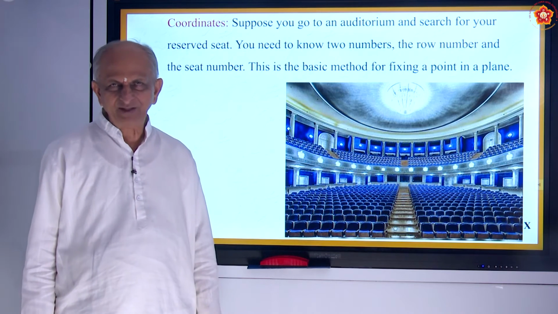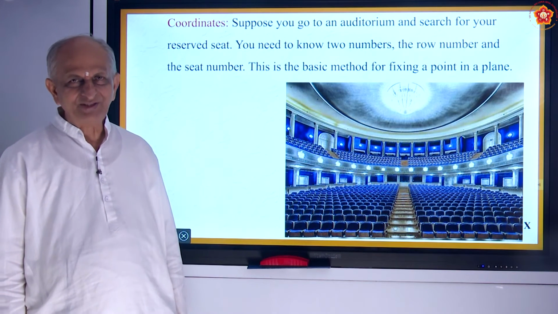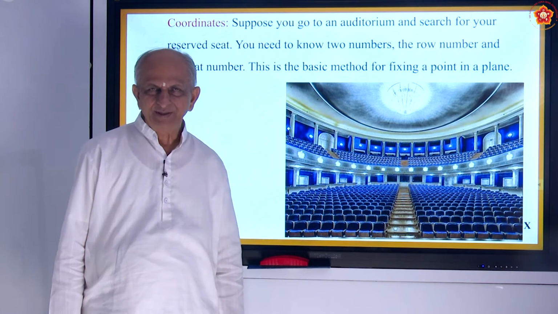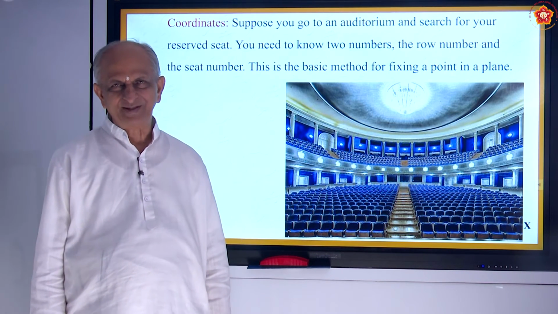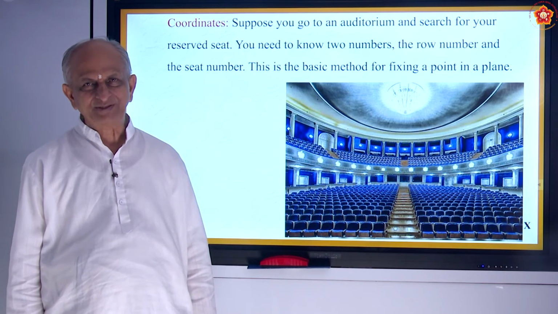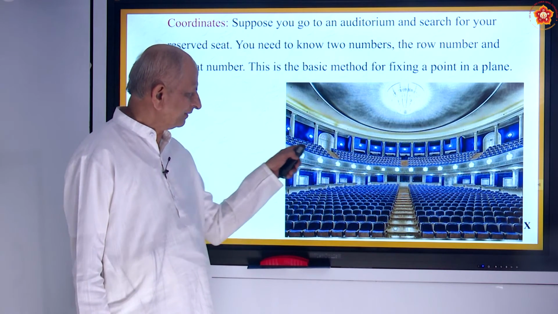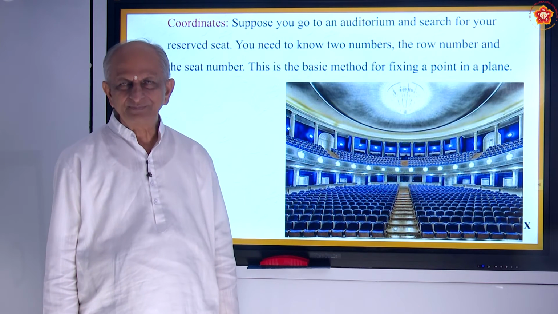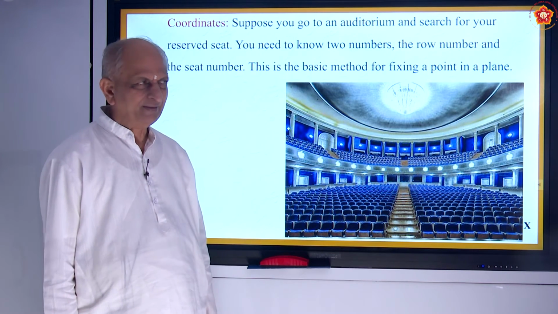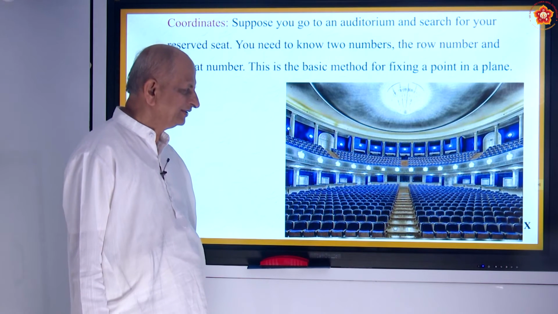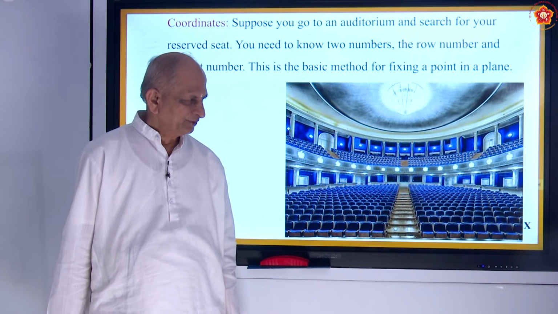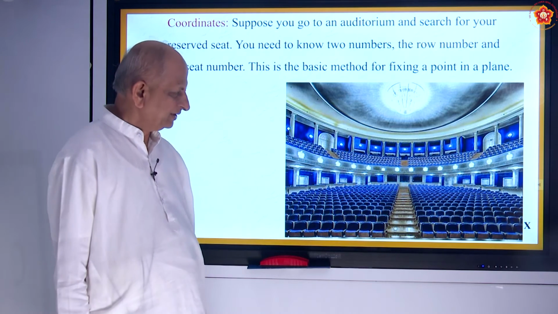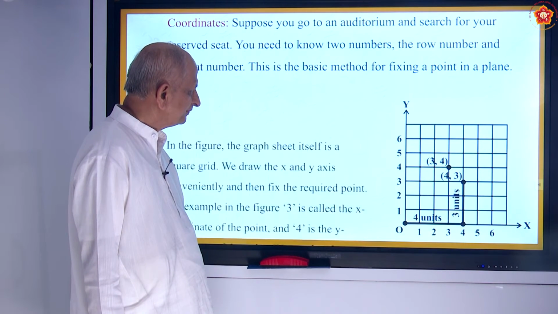How many have seen functions in an auditorium? Especially music programs, dance programs, and so on. Something like a marriage hall. There will be a lot of seats, though in marriages they won't give seat numbers. But for a pre-planned function, they will give seat numbers.